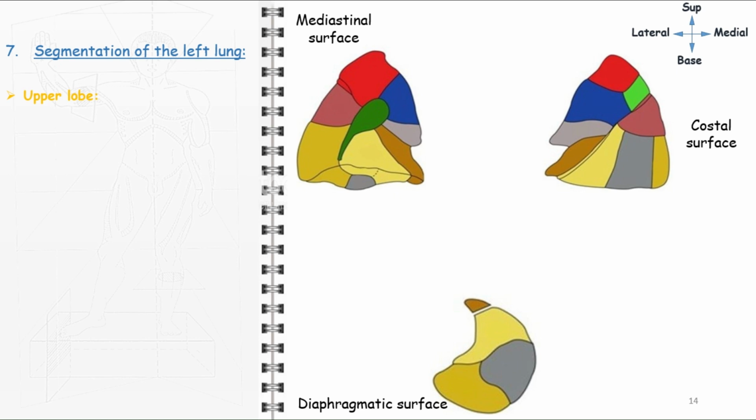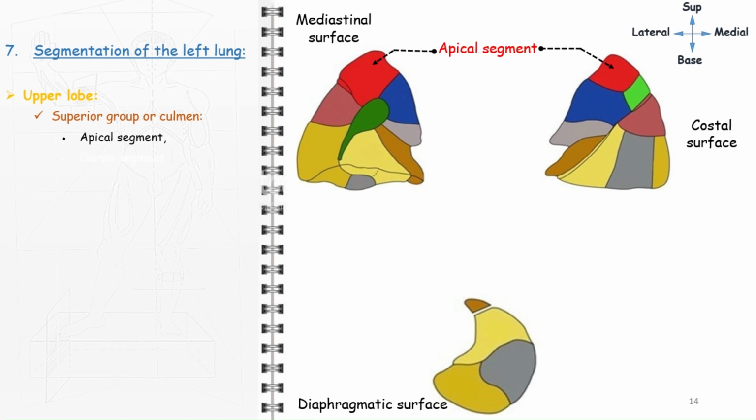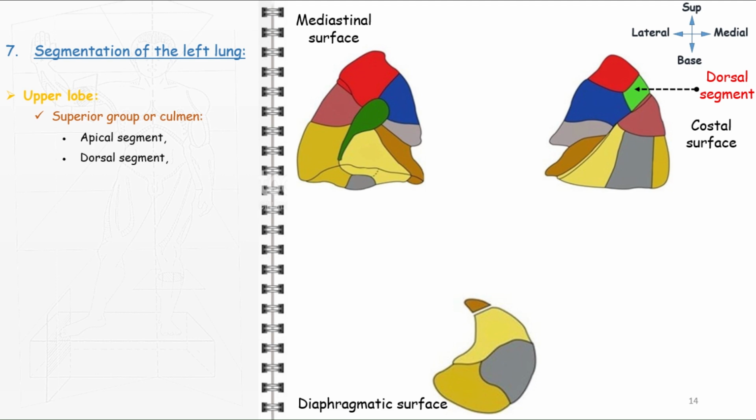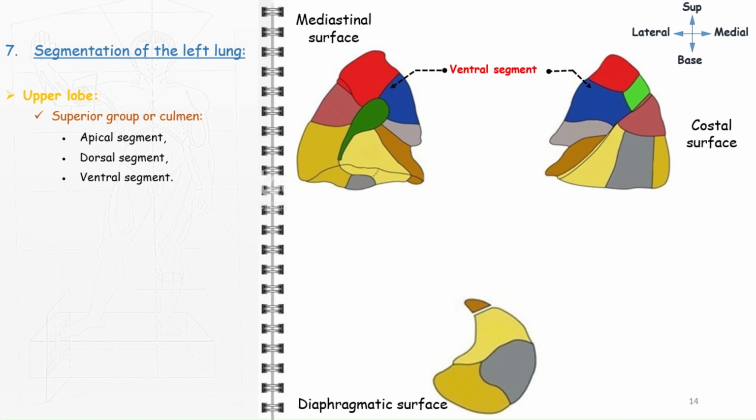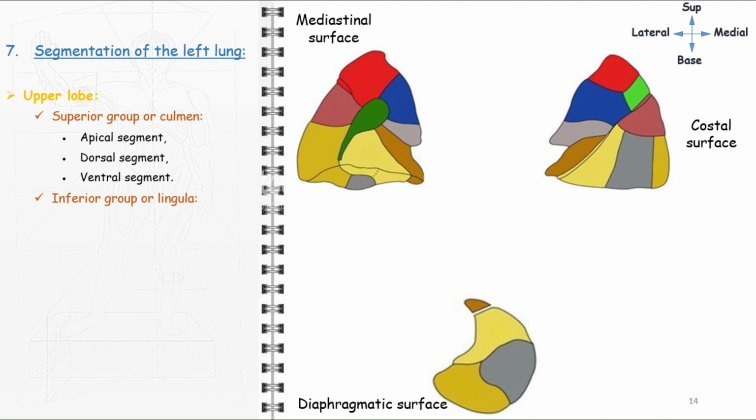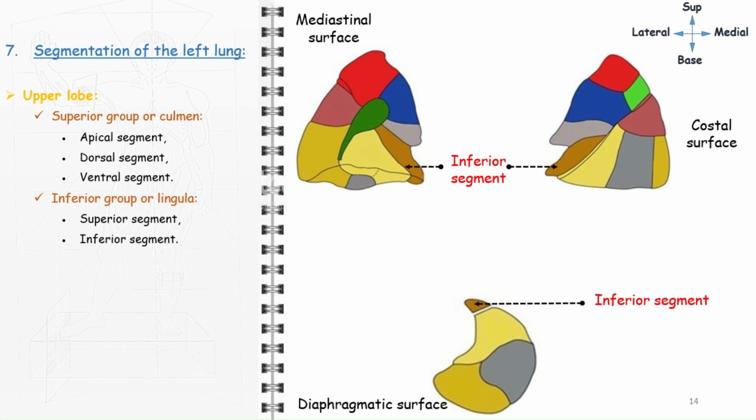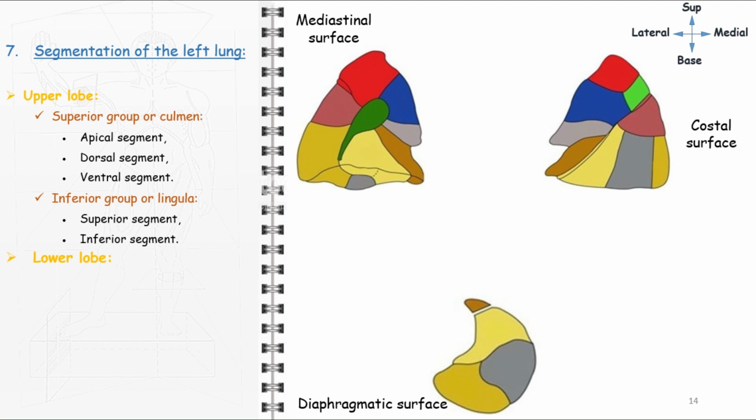The first group is the superior group or culmen, divided into 3 segments: an apical segment, a dorsal segment, and a ventral segment. The second group is the inferior group or lingula, divided into 2 segments: a superior segment and an inferior segment. On the other hand, the left lower lobe is roughly symmetrical to the right inferior lobe.